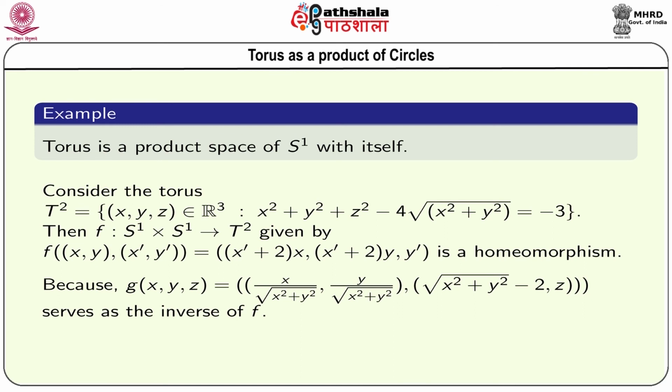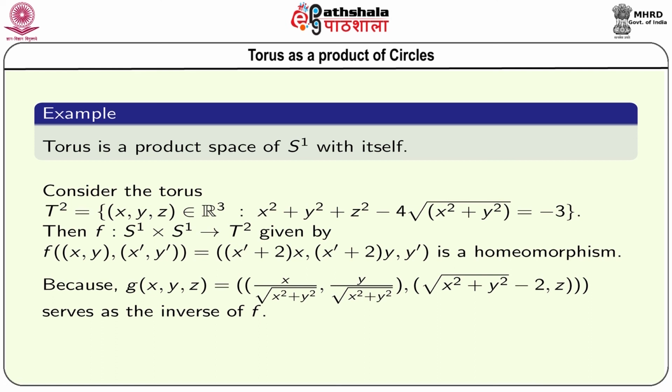because if you take the map G from T2 to S1 cross S1 described by this formula that G of x y z is equal to the pair with the first component as x by root over x square plus y square comma y by root over x square plus y square and the second component as root over x square plus y square minus 2 comma z, then this G is an inverse of F. So, since the function f is invertible, it is a bijection, and the nature of the function, the description itself says that the function is continuous.